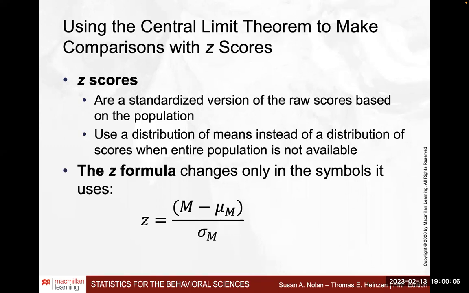And you're assuming now that your sample mean is this mean of means, and this variability, the standard error of the mean, is basically the variability that is to be expected around that mean of means, about your mean estimate. So this difference is basically being standardized.